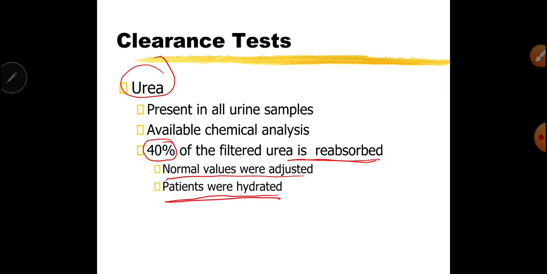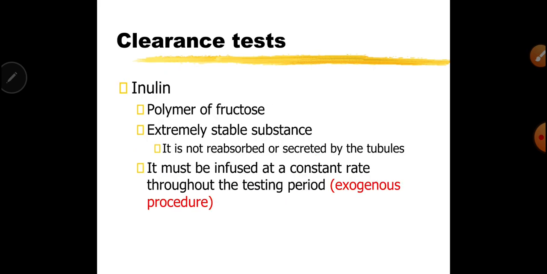Because urea is affected by hydration of the body, and the reabsorption of urea by the kidney changes according to body hydration, we are no longer using urea for a clearance test.